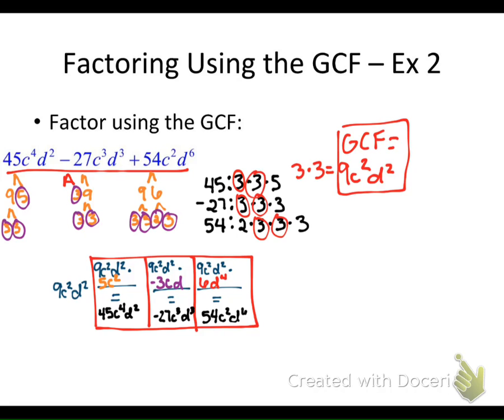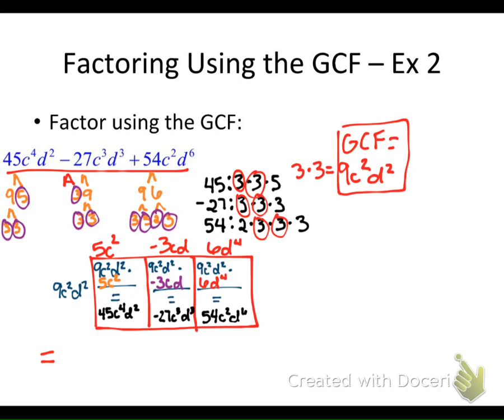Don't forget to plug those in. So I have 5c squared, negative 3cd, and 6d to the 4th. You are going to want to write your answer up here next to this, your final answer, but I don't have enough room up there, so I'm going to go ahead and write it down here, but just make sure that you always put those equal signs.